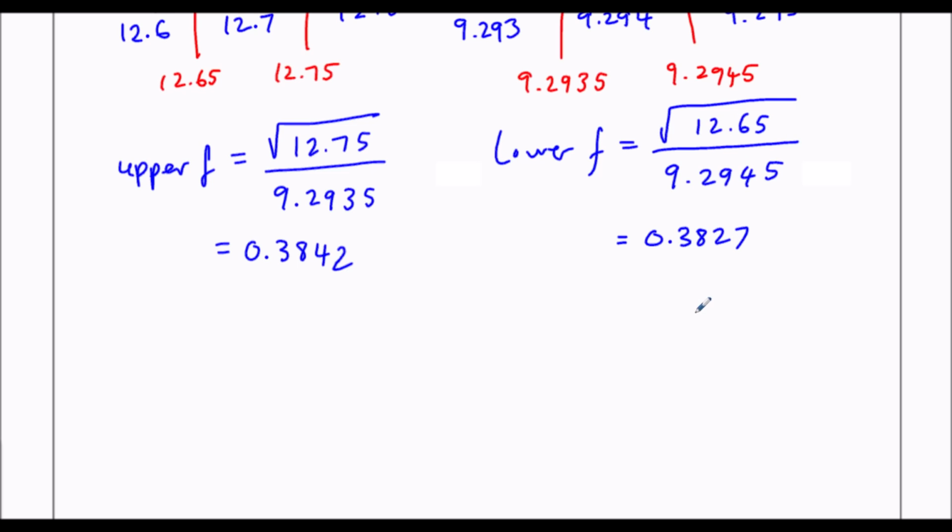So they're not the same, but to 2 decimal places, they're both 0.38. So both round to 0.38 to 2 decimal places, or 2 significant figures.